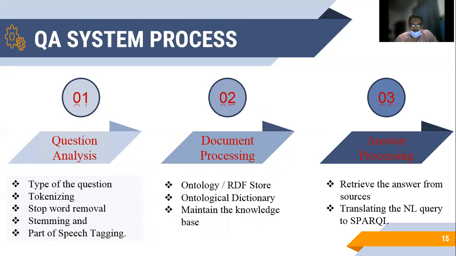Under document processing, we need to establish the ontology for the RDF store and the ontological dictionary. Finally, we have to maintain the knowledge base. And in answer processing, we need to retrieve the answer from the source that we have developed for this particular question answering system.